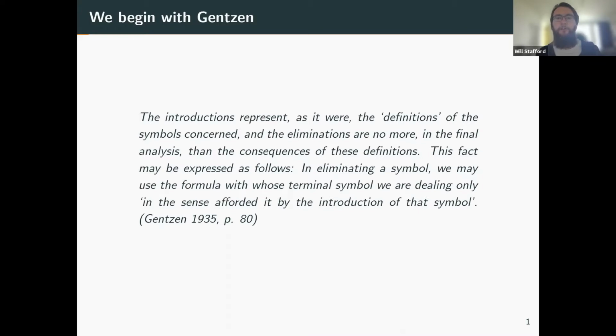So the introductions represent, as it were, the definitions of the symbols concerned, and the eliminations are no more, in the final analysis, than the consequences of these definitions. This fact may be expressed as follows. In eliminating a symbol, we may use the formula whose terminal symbol we are dealing with only in the sense afforded by its introduction.